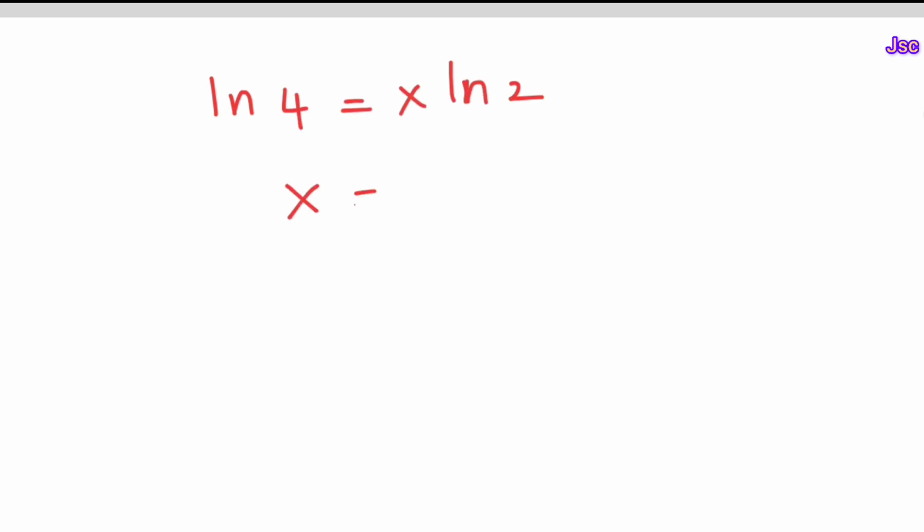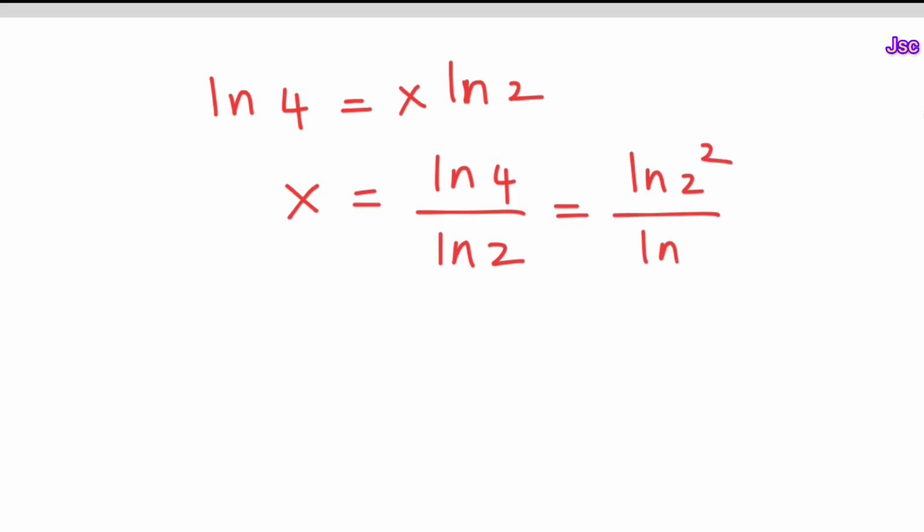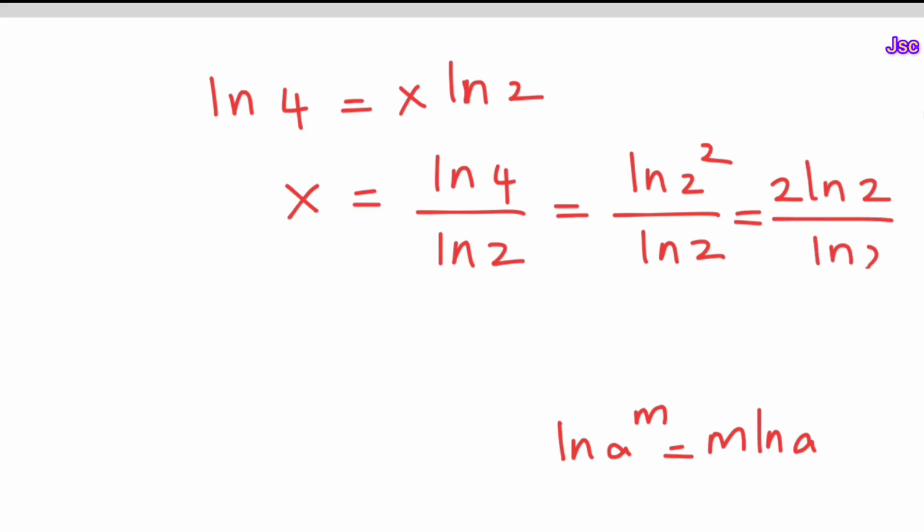So x equals ln 4 over ln 2. This 4 we can write as 2^2, then ln 2^2 in the numerator is in the form of ln a^m. We can write this as m times ln a. So we can write this as 2 times ln 2 over ln 2. This ln 2 and this ln 2 get cancelled. So the x value is simply 2.